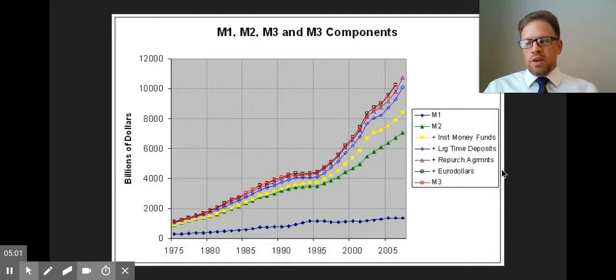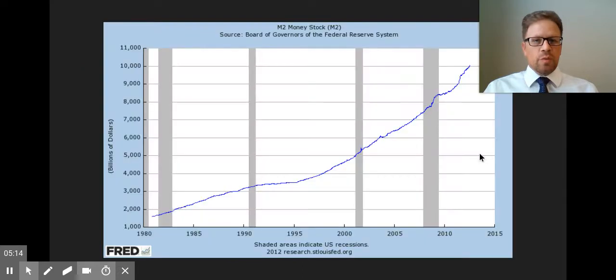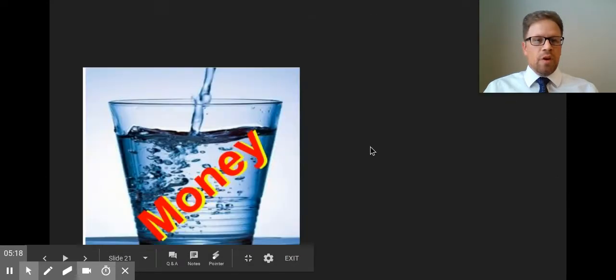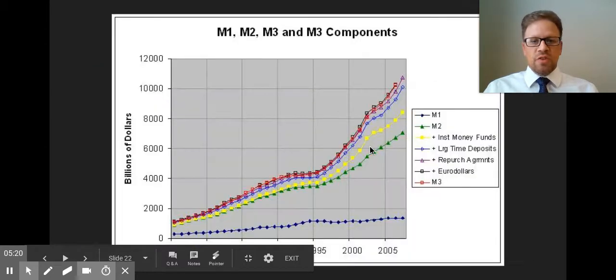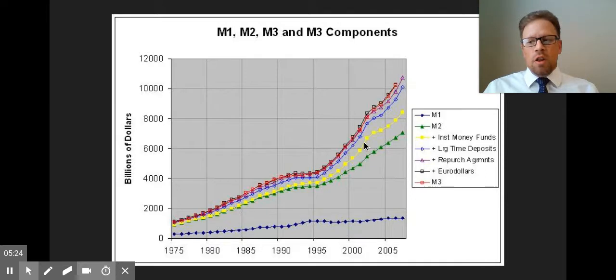Now, the broadest money supply measurement is better known as M3, which includes M2. That means all of the things we talked about previously, all of the savings accounts, and all large time deposits, meaning things that you cannot easily withdraw.